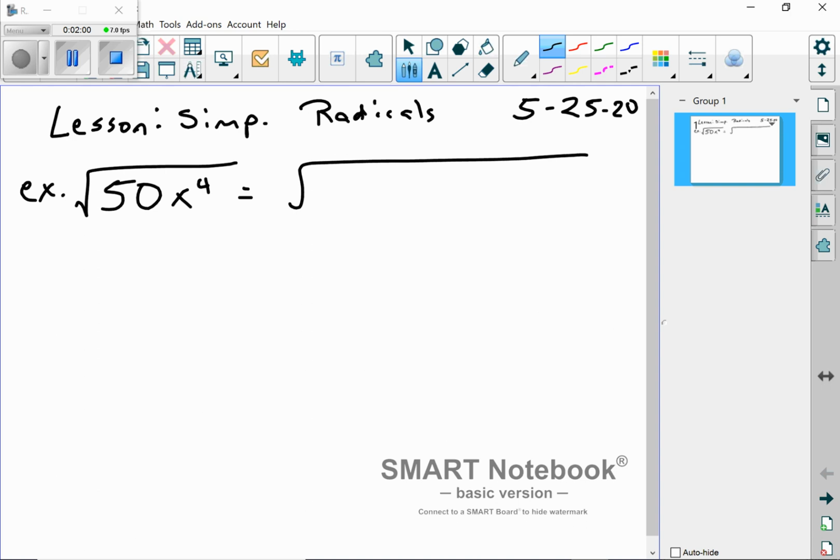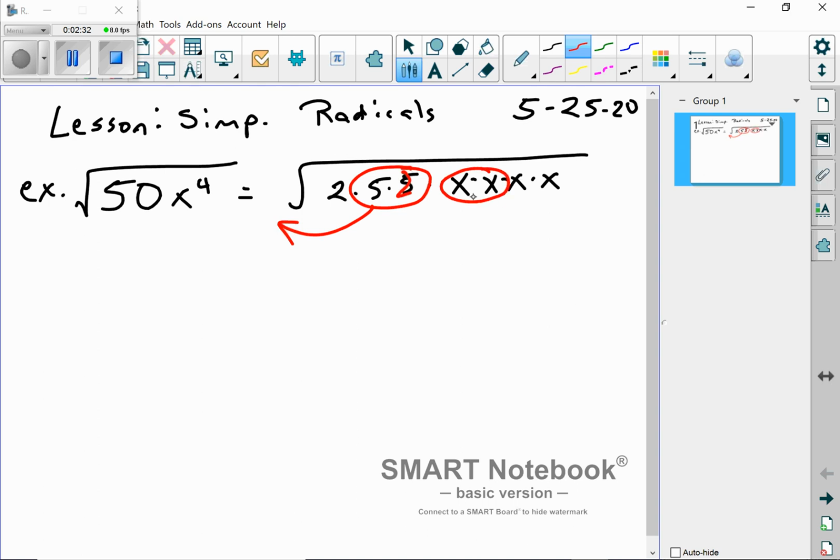If you do the factor tree and prime factorization, I do think that's pretty easy. So if we did 50, that's going to be 2 times 5 times 5. If you do x^4, it's x, x, x, x, right? What we're looking for are pairs of factors, because each pair has a perfect square root. Here is a pair of 5s. So remember, one 5 will come out, one 5 will go away.